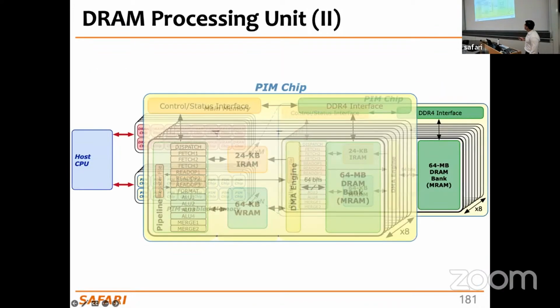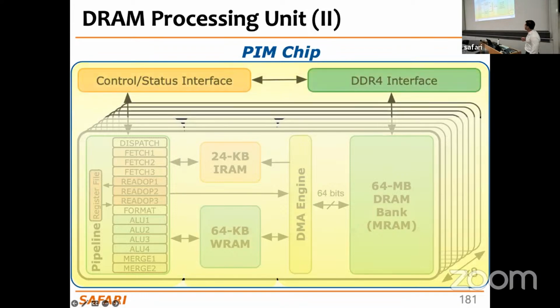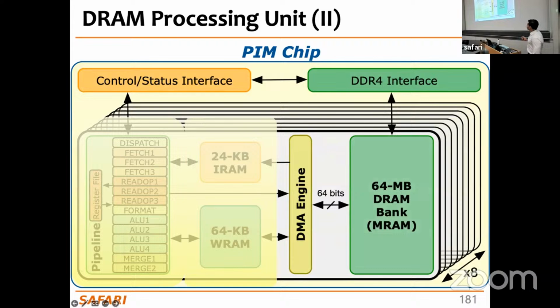This is the same chip in a little more detail in a cartoonish version. We have some control interface and DDR4 interface to allow the CPU system to communicate with the DPU chip itself. Then we have those 64 megabytes of DRAM bank, the MRAM, which stores the data.